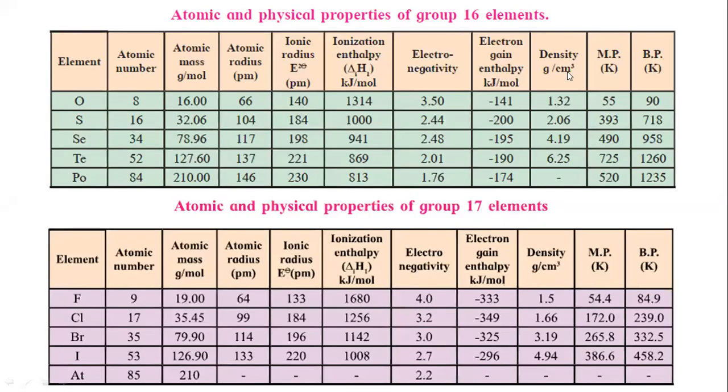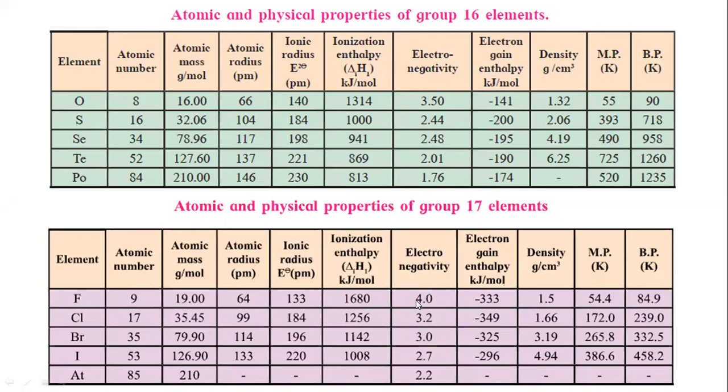See group number 16. Electronegativity values are given here. The electronegativity of oxygen is 3.50 and the electronegativity value of polonium is 1.76. So the electronegativity values decrease from top to bottom. We can see this in group number 17 also. Fluorine has the electronegativity value 4, and iodine, we will compare only these 1, 2, 3, 4 elements.